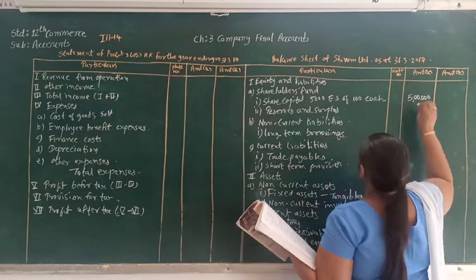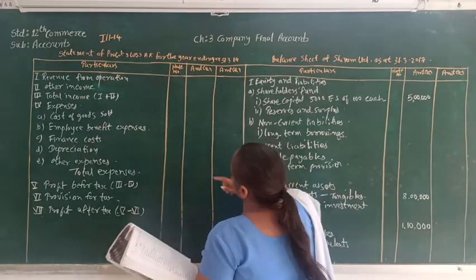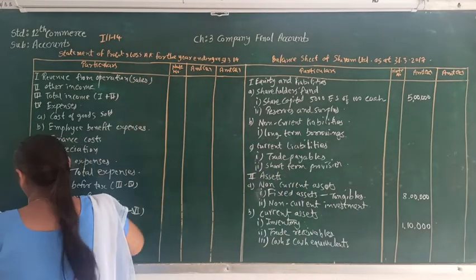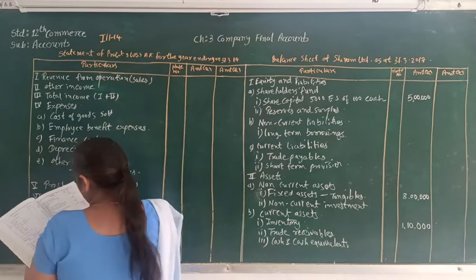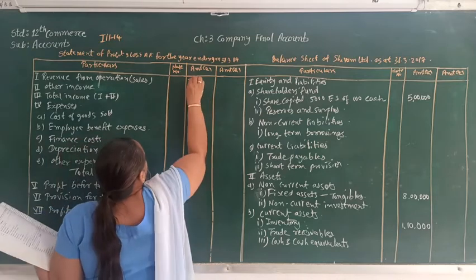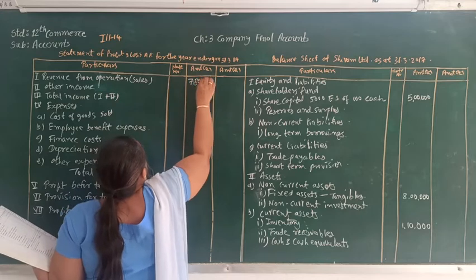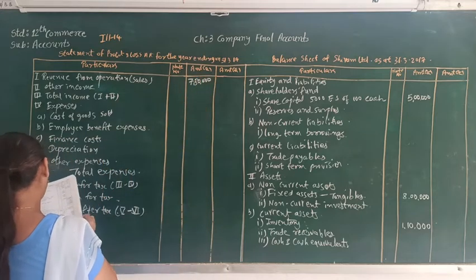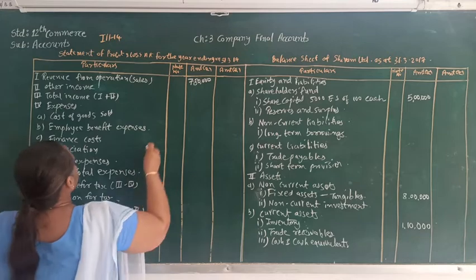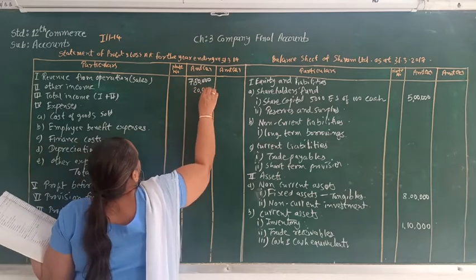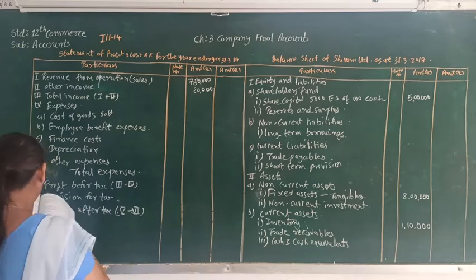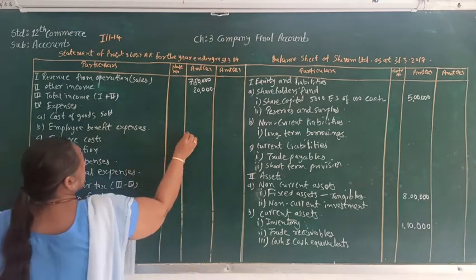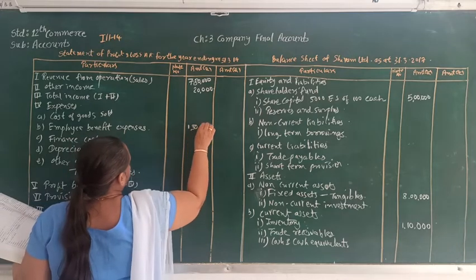After that, the other heading is sales. Sales supposed to be written under revenue from operation, and that is 7,50,000. Now let's see the other heading, that is other income, and that is 20,000. After other income, the expense is employee benefit expense, and that is 1,30,000.